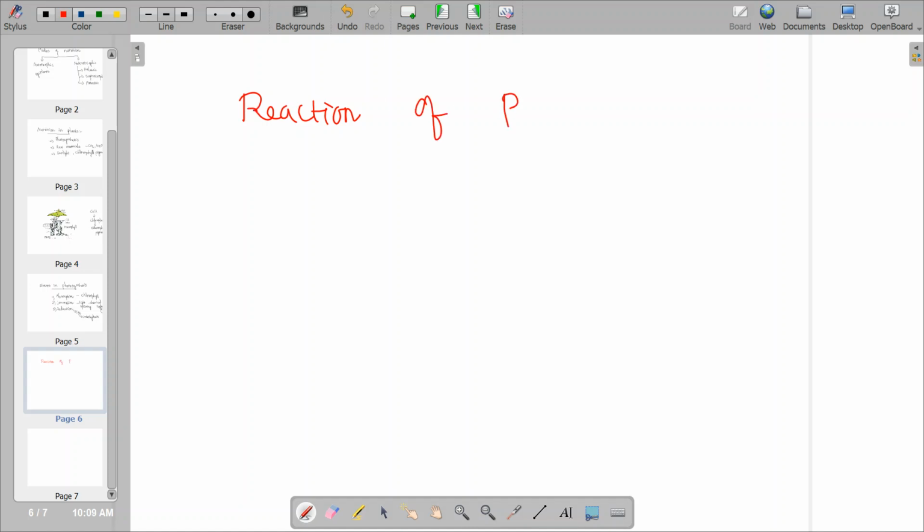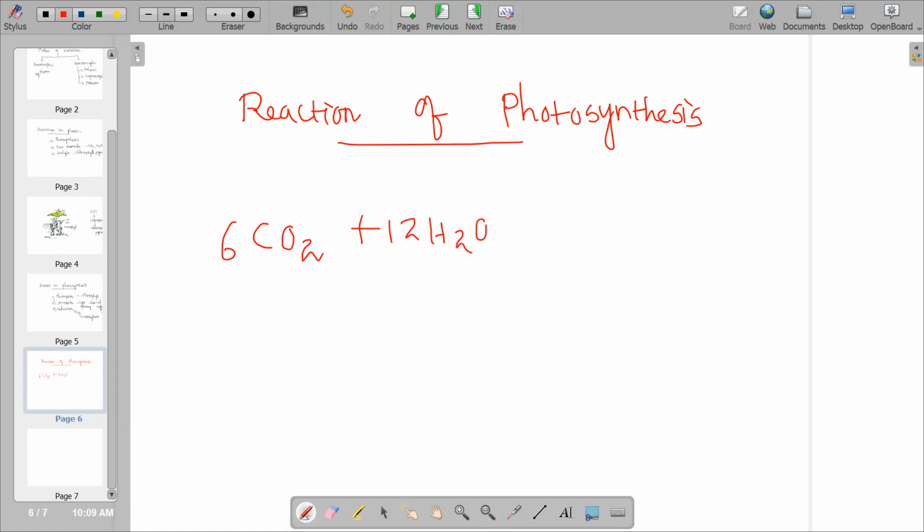So in the reaction of photosynthesis, six carbon dioxide molecules are taken by the plants plus 12 molecules of water, in the presence of sunlight and chlorophyll pigment, and converted into glucose.